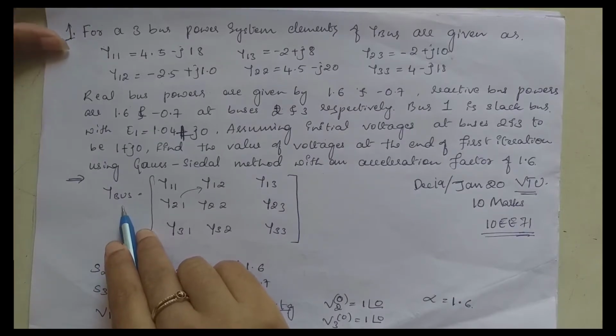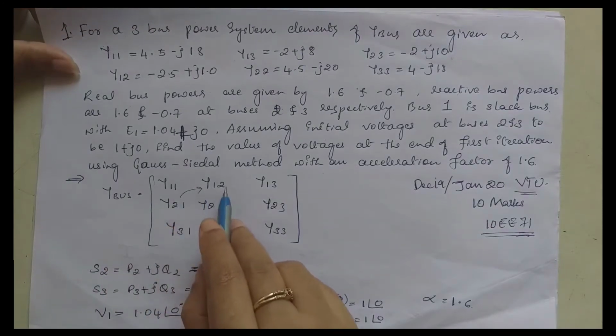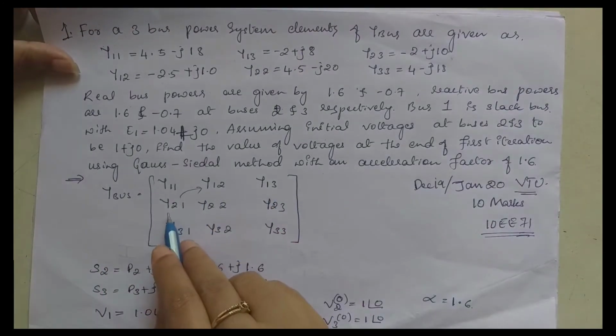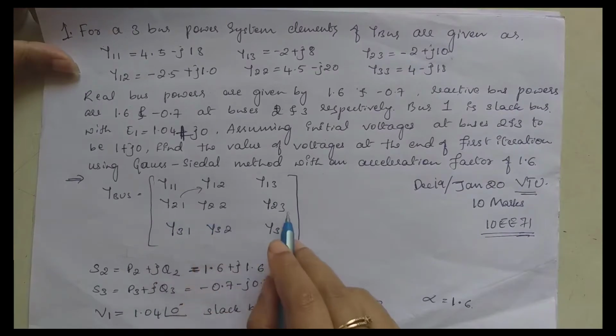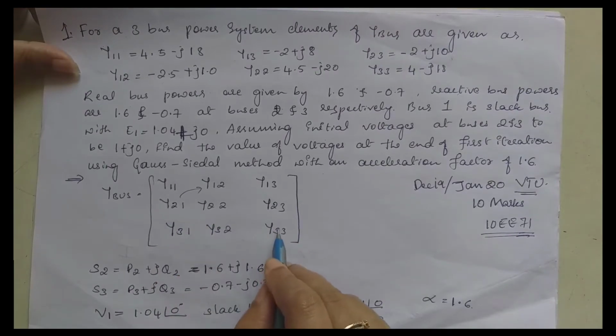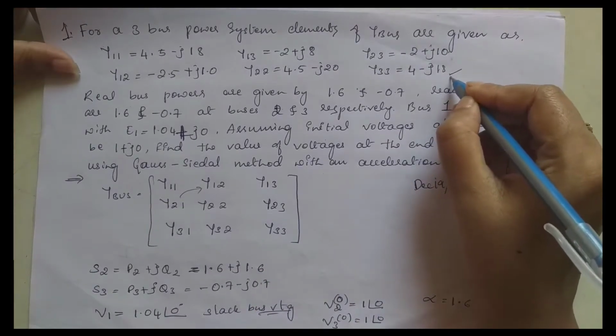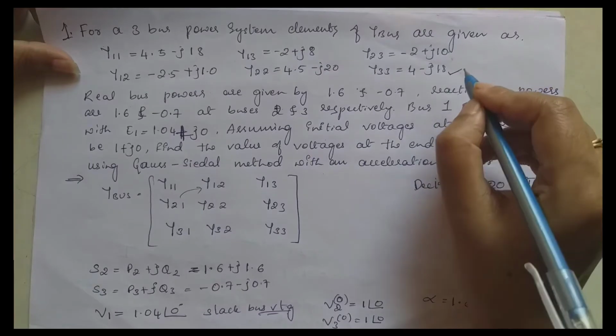According to rule of inspection method, we are going to form the Y bus like this: Y11, Y12, Y13, Y21, Y22, Y23, Y31, Y32, Y33. It is a 3 cross 3 matrix because it is already mentioned up to Y33 we have admittance values.